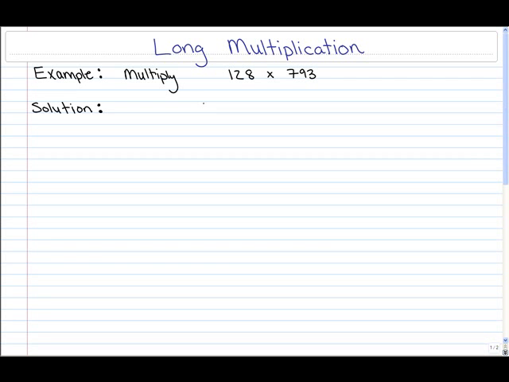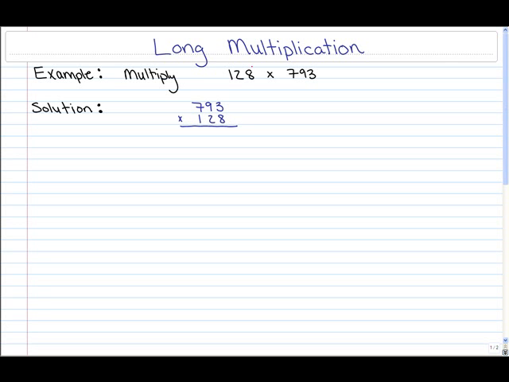So for this question, I'm going to write the 793 as my multiplicand, and I'm going to write the 128 as my multiplier. Now, in this particular question, it really doesn't make a difference which number is the multiplicand and which number is the multiplier because they have the same amount of digits.